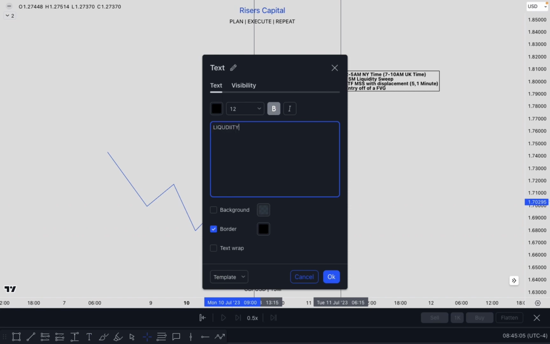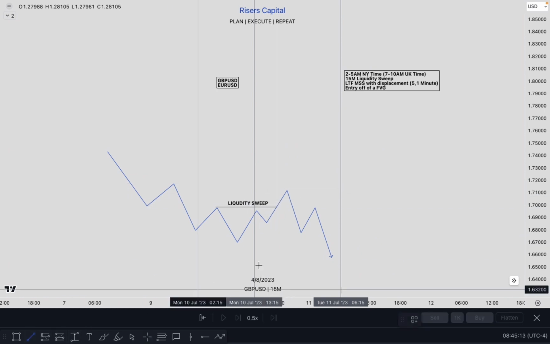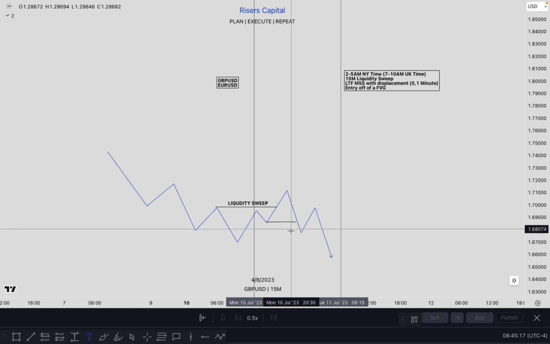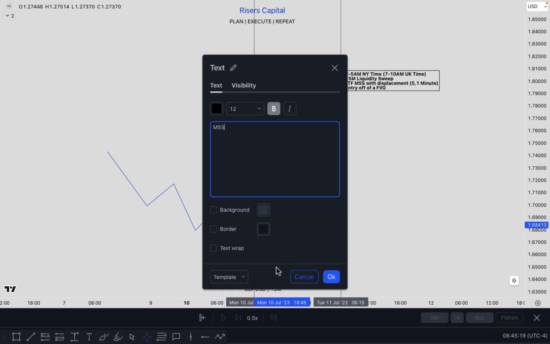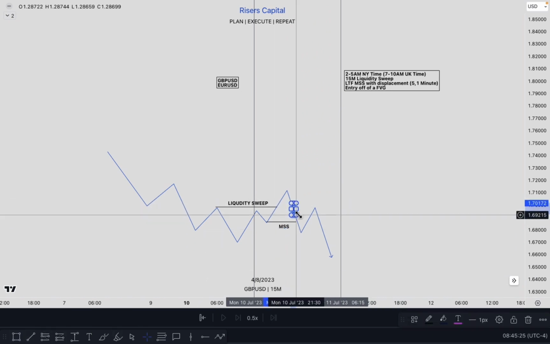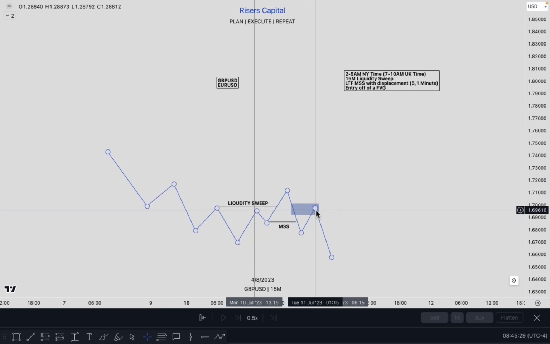This here is our market structure shift. And then here will be our fair value gap to enter off of, and obviously this is the displacement move, and then we can look to short.